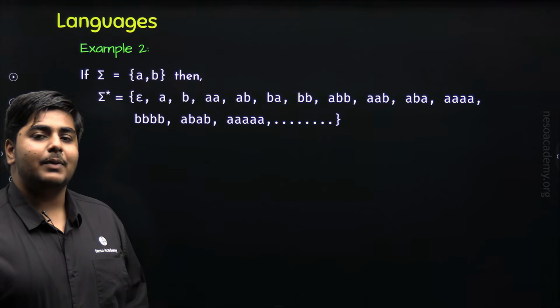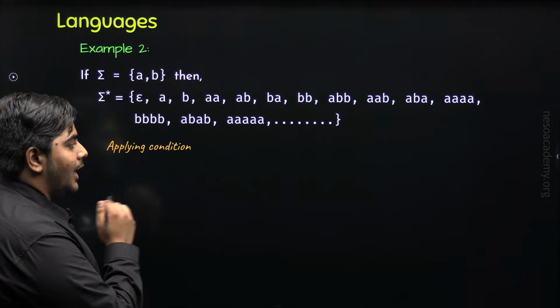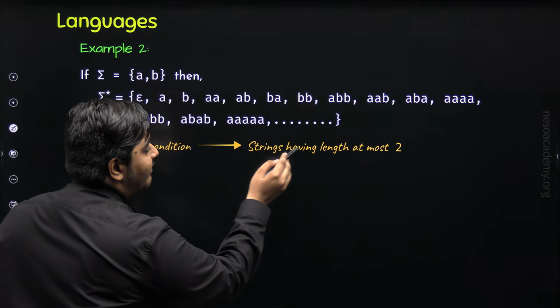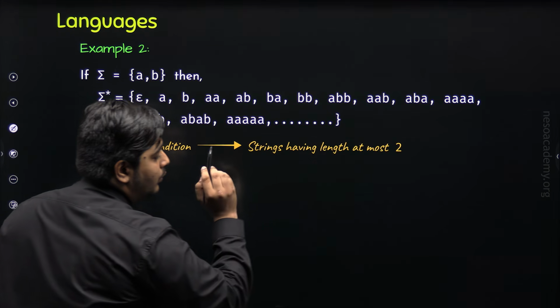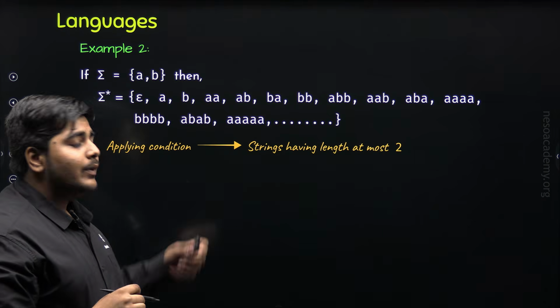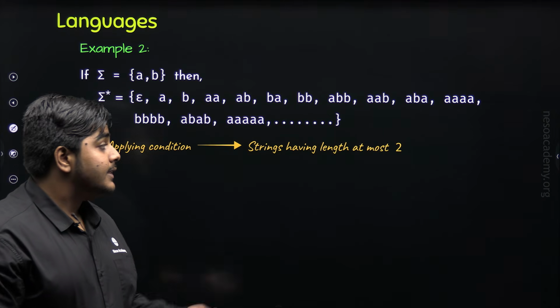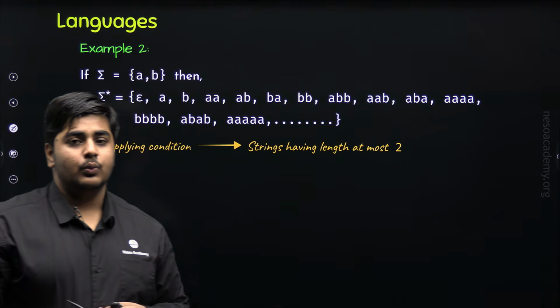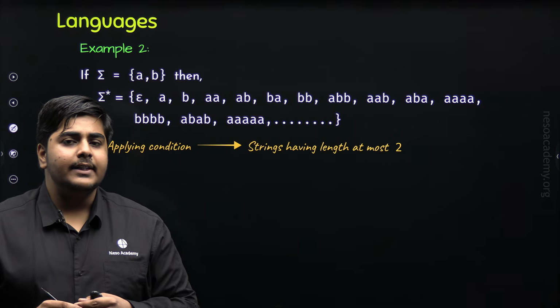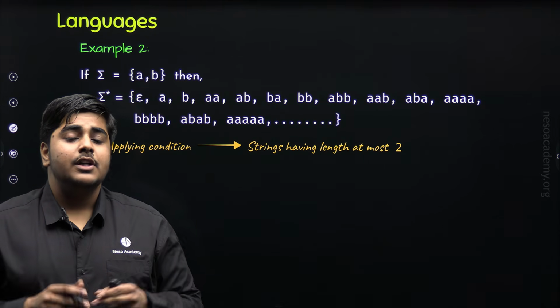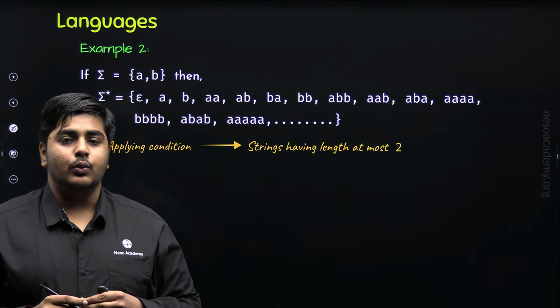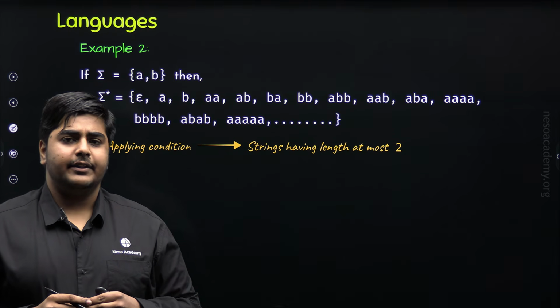Now this time let's apply a different condition. The condition is strings having length at most 2. Now here our language set will only contain the strings having length at most 2. Length at most 2 means that the length of the strings should be less than or equal to 2. Length cannot be greater than 2.